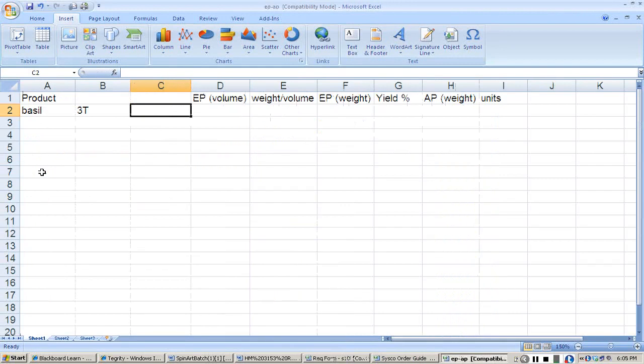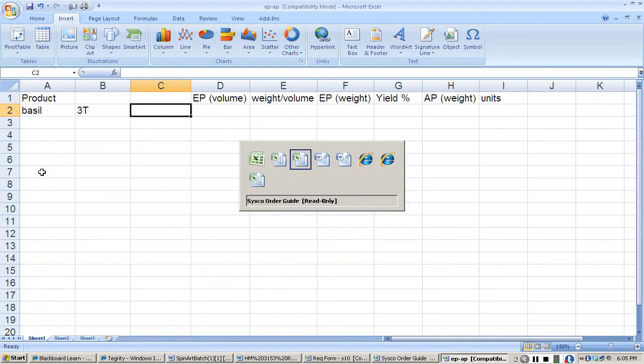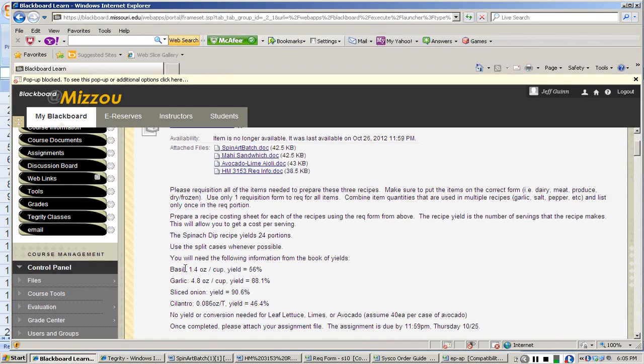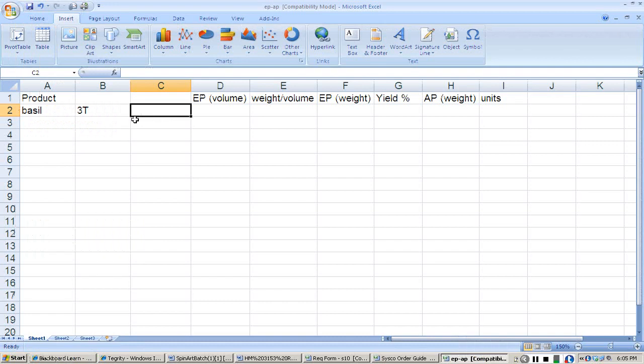I start with this. So I have my recipe, I need 3 tablespoons of basil. We go to Blackboard, and it tells us that basil is 1.4 ounces per cup, and it's got a yield of 56%. So if there's 3 tablespoons, I need to get this into cups.